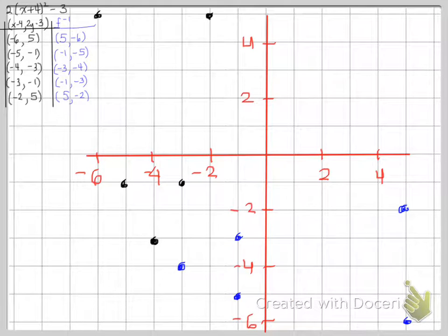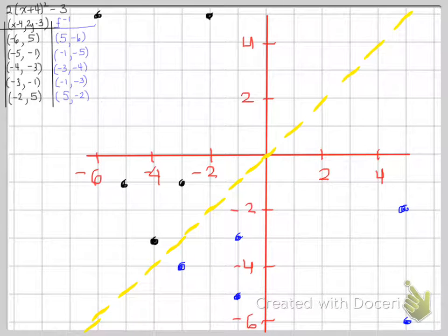So the shape stays the same. The difference is it gets reflected across this y equals x line. Here it is. Each of these black points has a mirror image in these blue points. So literally they are mirror images of each other if we match them across the mirror.